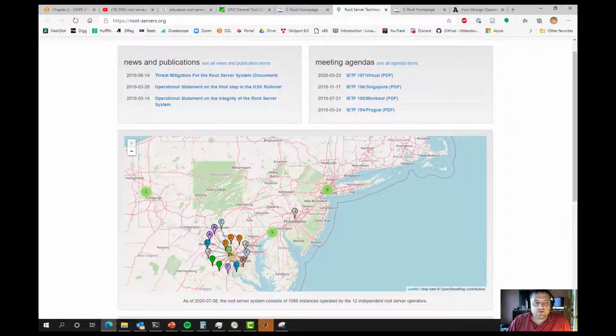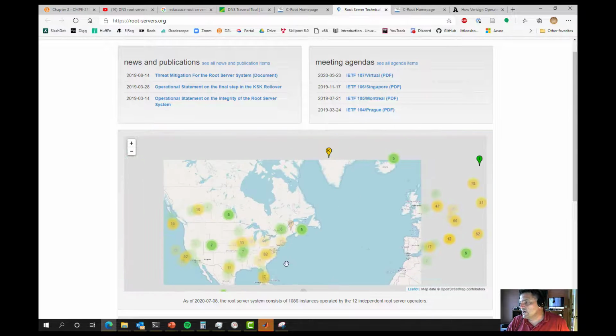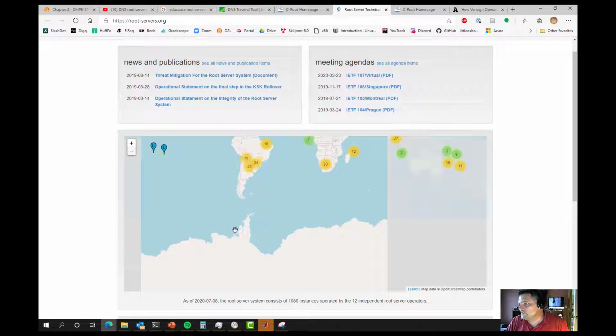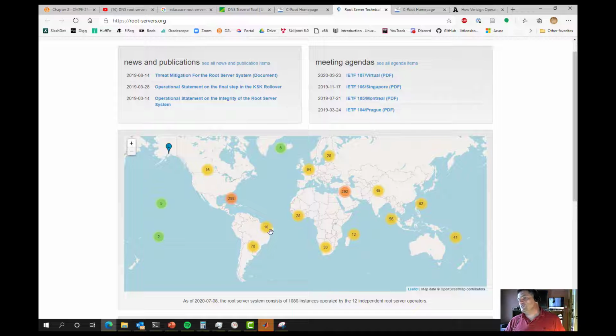So really kind of interesting looking at some of the geographic distributions of these different servers, especially when you think about how far away they are. Nope, there's none in Antarctica. But they do try to put them into kind of geographically disparate places, and there's good reason for that.